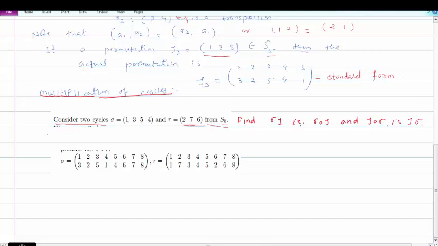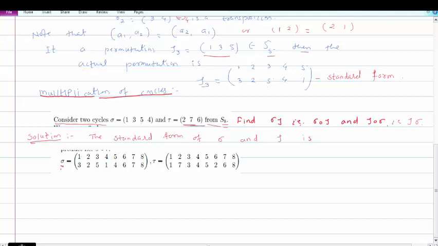Then how can we find the solution? The standard form of σ and τ, or σ and τ can be written in standard form as follows. This is σ here. How can you write this σ?